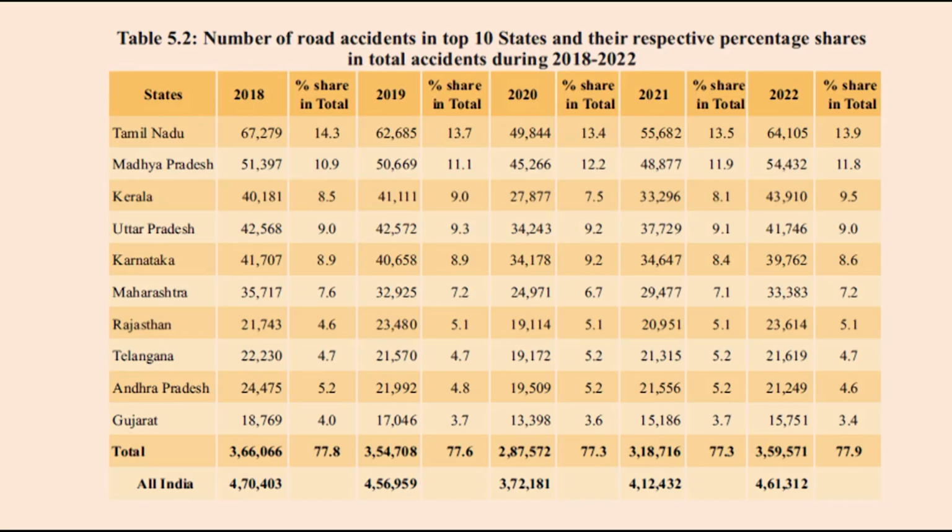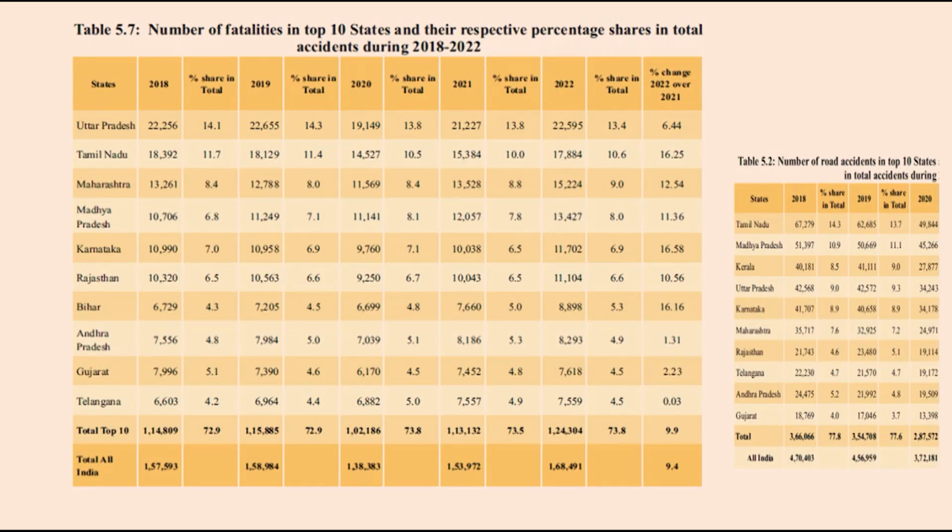This is in tabular format. Here you see 18, 20, 21. Tamil Nadu is still on top in the number of accidents, but as soon as you start looking at fatalities, this table changes. Then UP becomes the top, where the number of fatalities is much higher, 22.